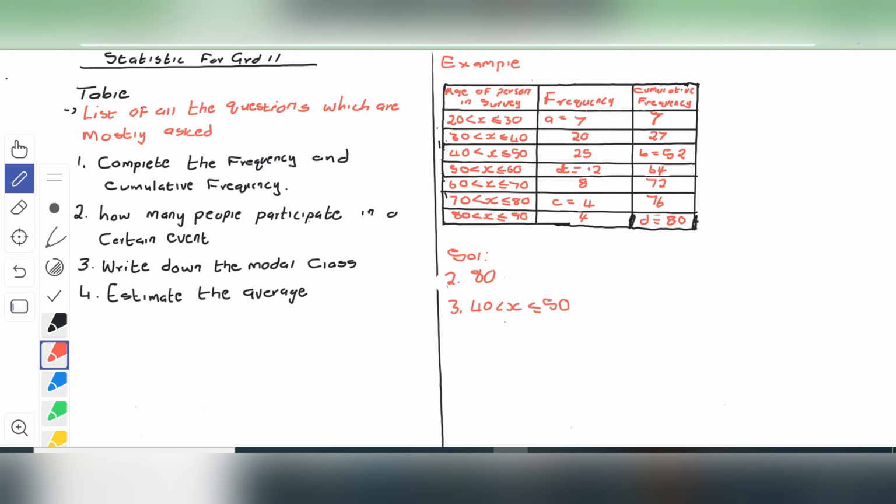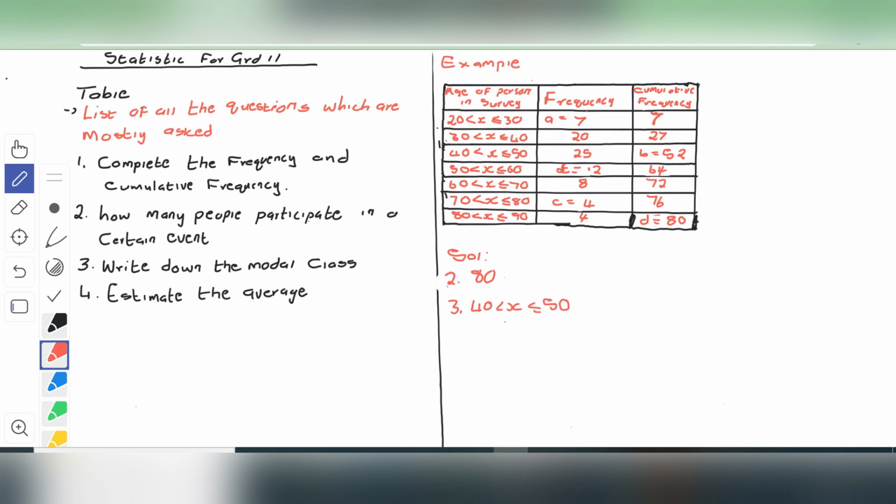So you now know how to determine the modal class. Whenever they want you to determine the modal class, you check the highest frequency, then after finding the highest frequency, you write its interval.